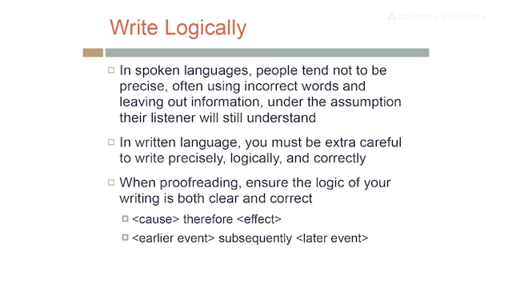If not, you need to fix it. And again, make sure you're using the correct words. So subsequently and consequently sound pretty similar, but they're different words with different meanings. So make sure you're using the correct words and that you're using them in the correct way. Always check the logic of what you write.